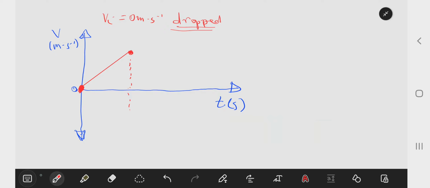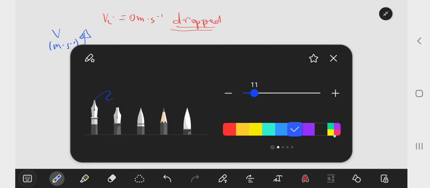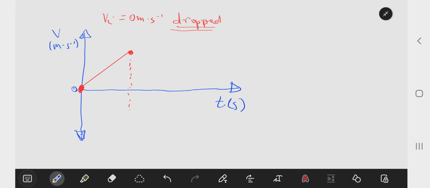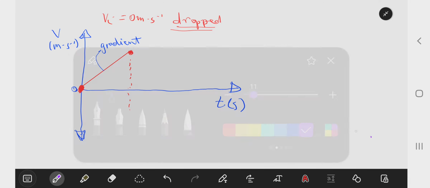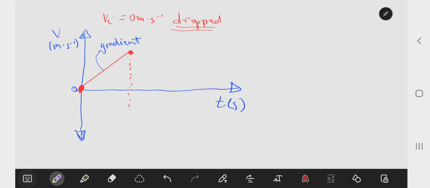Okay, so now I was saying, if we can calculate the gradient of this line, and that is property number one. If we can calculate the gradient of that line, we can see that that is a straight line.